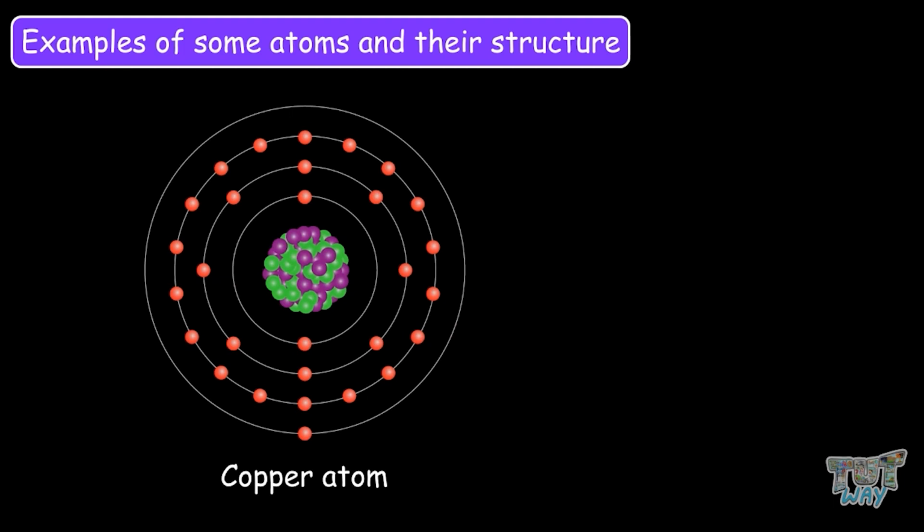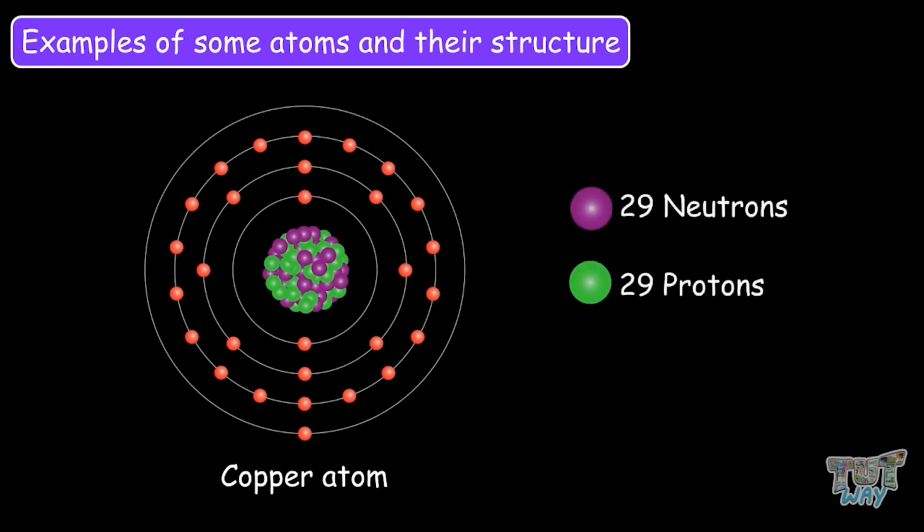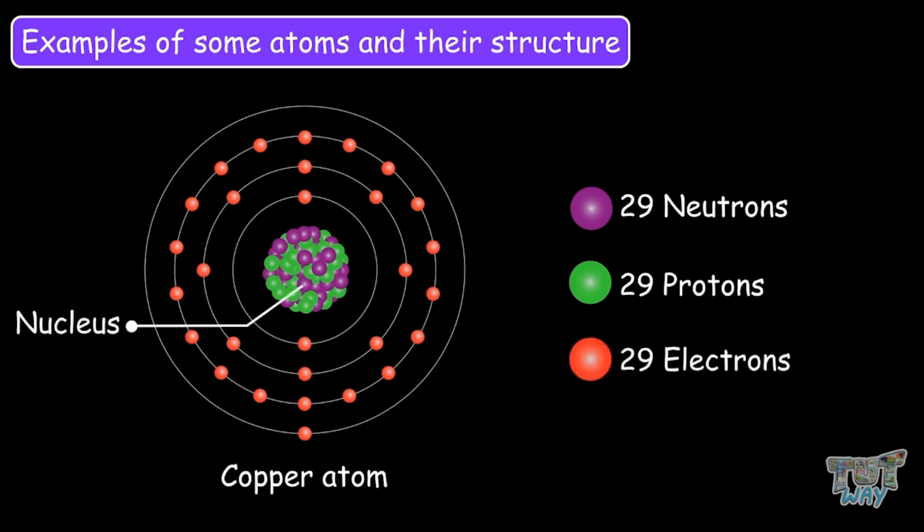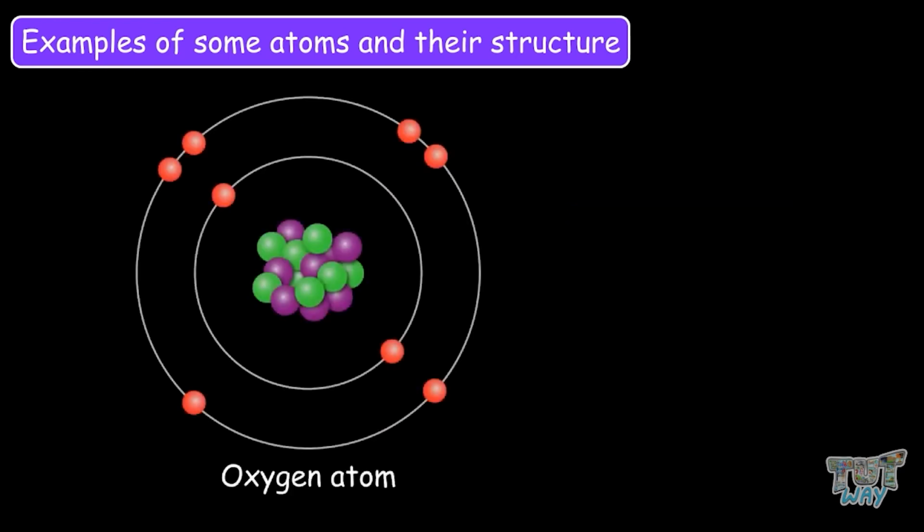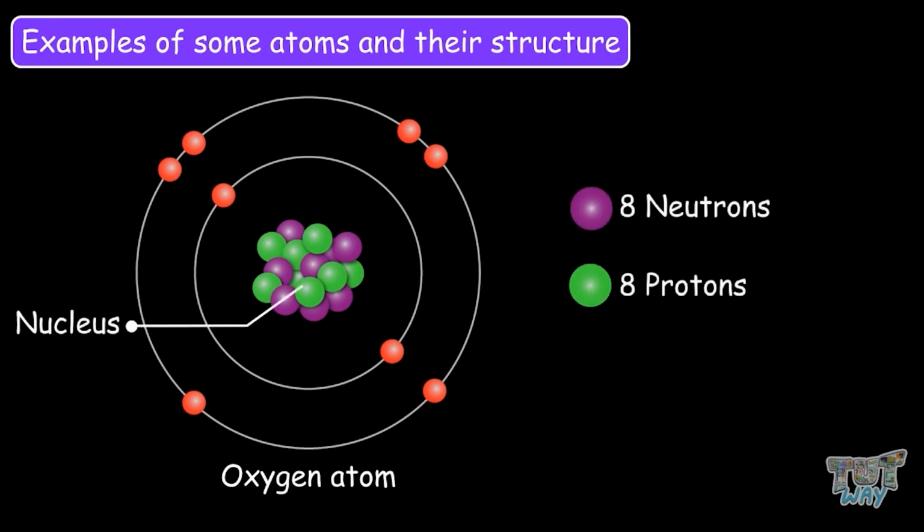It has 29 neutrons and protons in its nucleus, and 29 electrons in its electron cloud. This is the oxygen atom. It has 8 neutrons and protons in its nucleus, and 8 electrons orbiting around its nucleus.